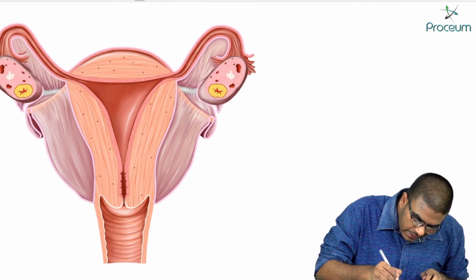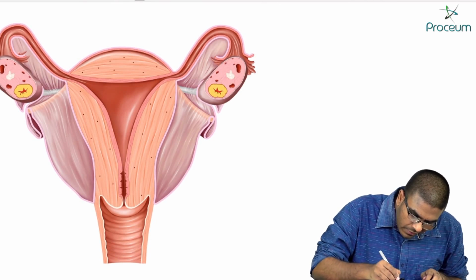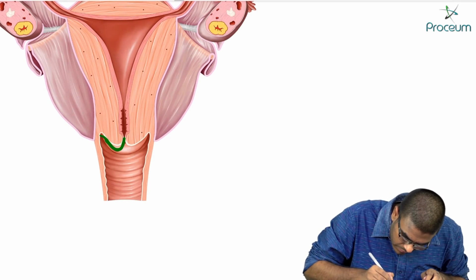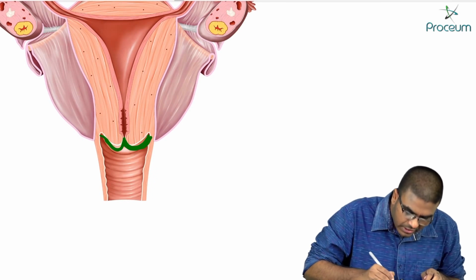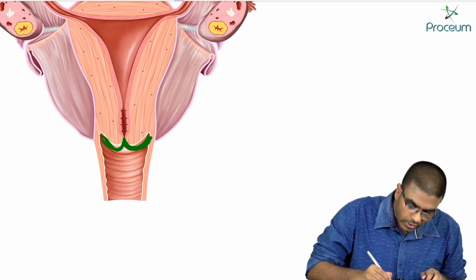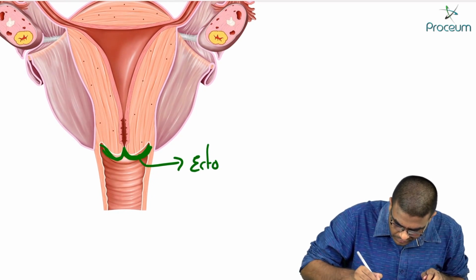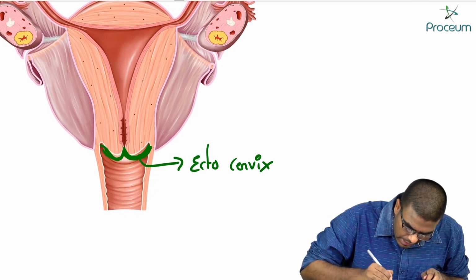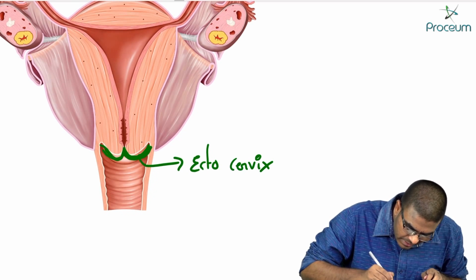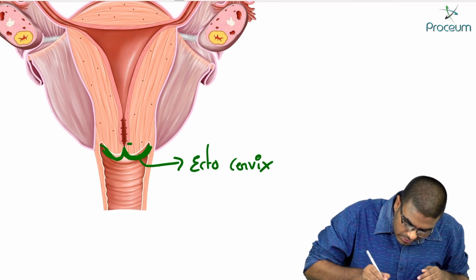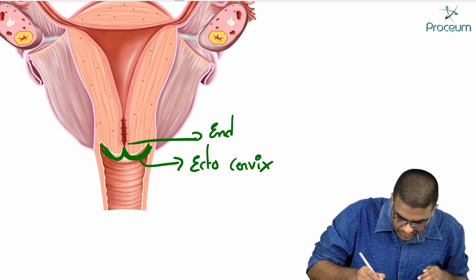Now, concentrate, guys. The part of the cervix which is coming into the vagina is known as the ectocervix, and the part of the cervix which is present more internally towards the uterus is known as the endocervix.